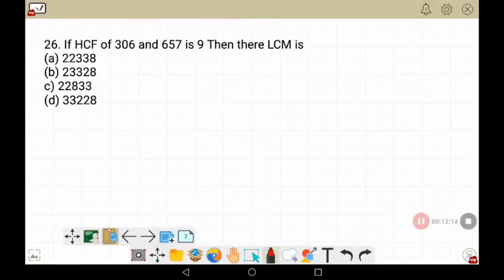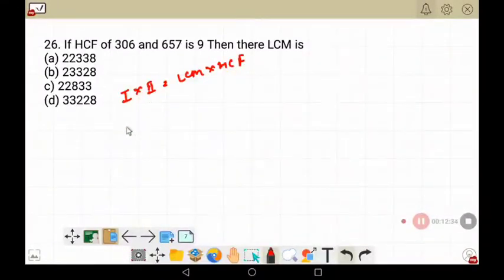If the HCF of 306 and 657 is 9, then their LCM is? Once again we'll use the same formula: first number into second number equals LCM into HCF.